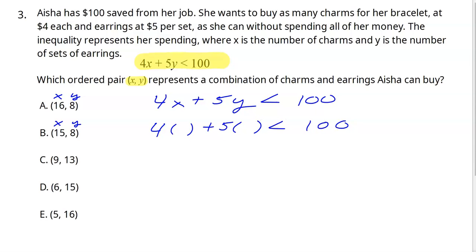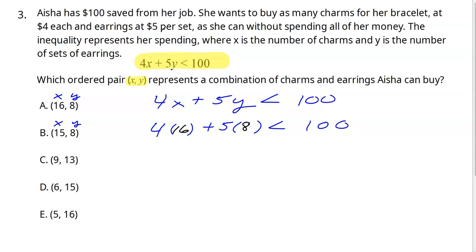So let's start with A. It's not always a great idea to start with letter A. Sometimes if I saw some smaller numbers here, I might start with C or B, but I'll just go ahead and start with A, and we'll say x is 16. So I'll replace this x with 16. And then the y value in A is 8. So I'll replace this y with 8.